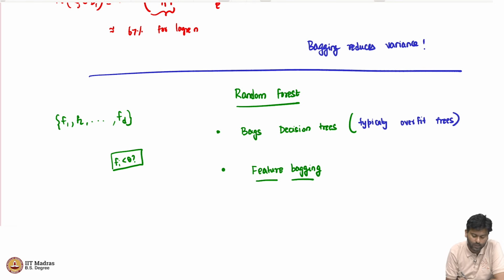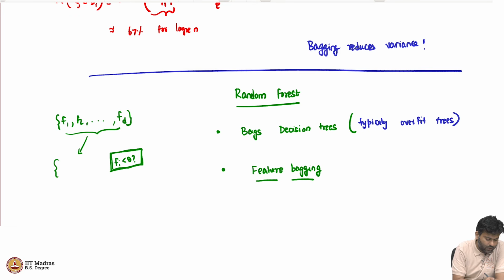Now I am doing feature bagging, which is to say that to decide fi less than theta, I will not use all the features, I will only subsample a set of features. Maybe I will get f1, f5, f23, f40. Maybe I get 4 features, and now only among these 4 features I ask which is the best feature to split on.